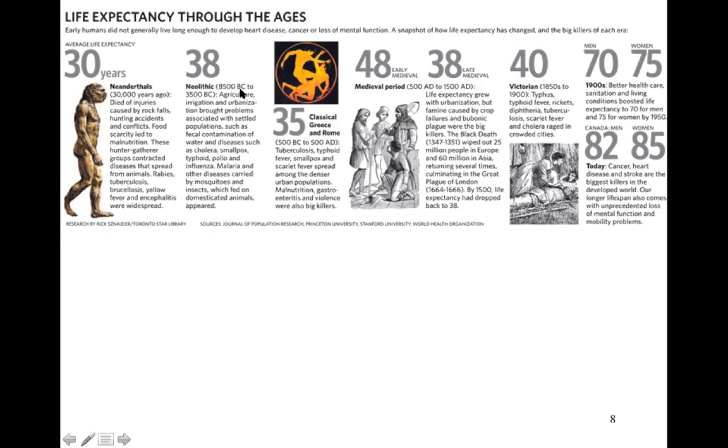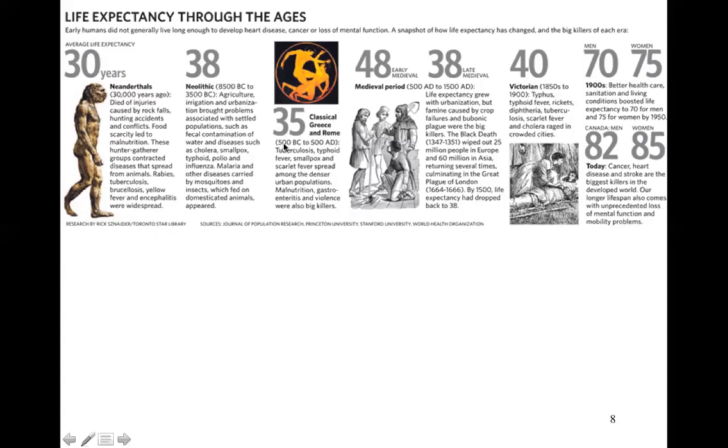If you jump ahead to about 8500 BC, you see that life expectancy now goes up to about 38 years. So that's about as long as somebody who's born then could be expected to survive. And a lot of that has to do with the invention of agriculture, irrigation, humans coming together to live in societies like villages and cities.